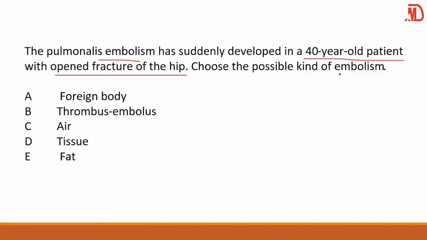That means a clot has formed inside the vessel and broken off. Outside the blood, we call it a clot. But inside the blood, we call it what? Thrombus. So a clot is the same as a thrombus inside the vessel.